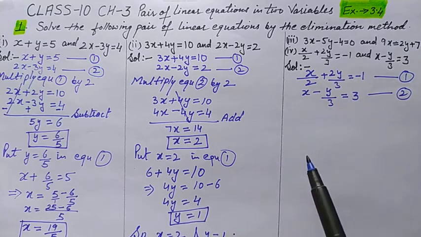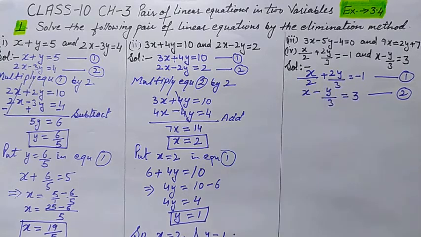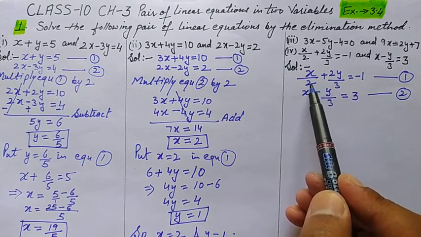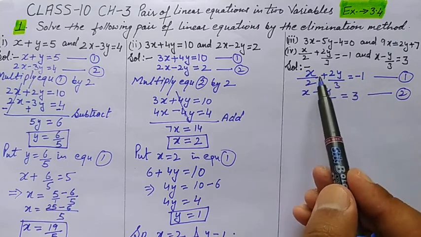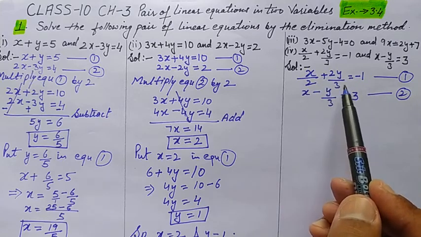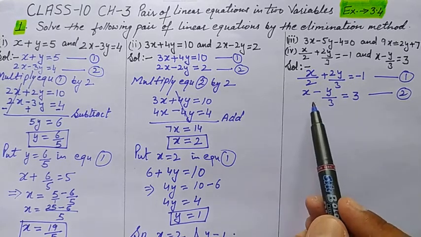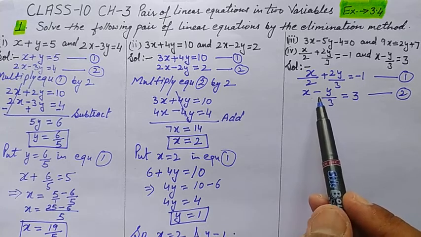First of all, in these equations, I have to remove the denominators. So see here, the LCM of 2 and 3 is 6. So if I multiply this whole equation by 6, the denominators will be removed. Here also the denominator is 3, so if I multiply this equation by 3, the denominator will be finished.